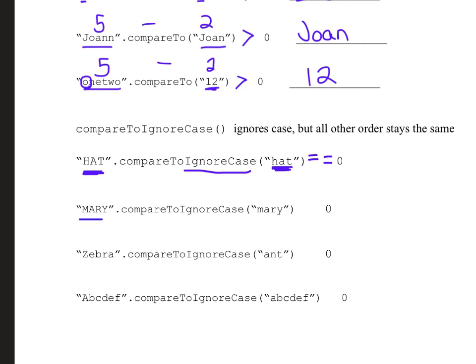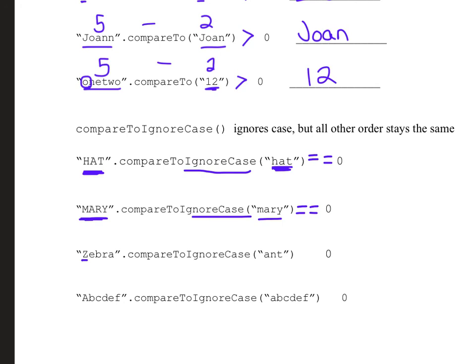Same deal with Mary and Mary. If this was above in the other one, like the first one we did, this one would come first. However, these are the same. The ignore case takes away any sense of case.